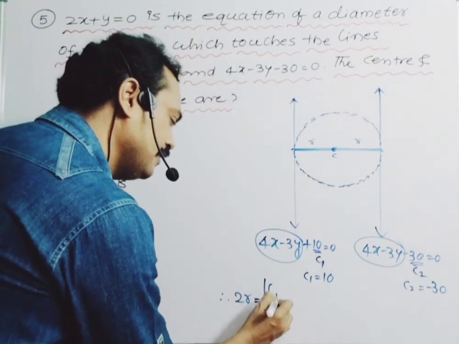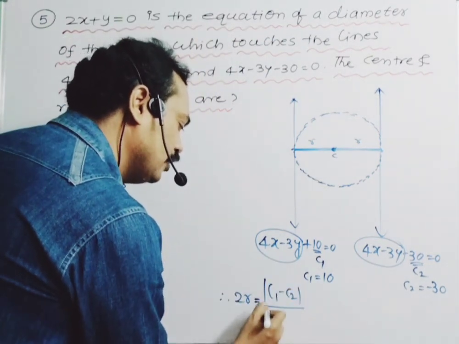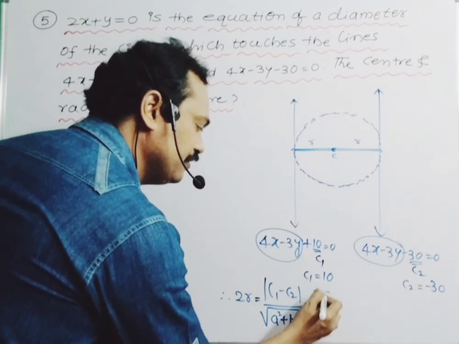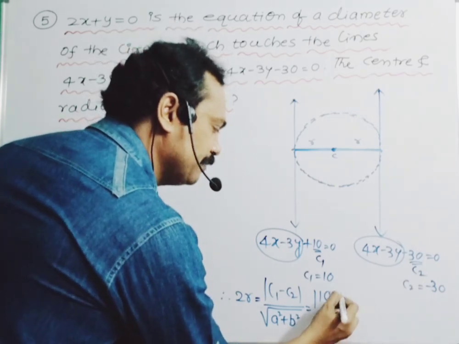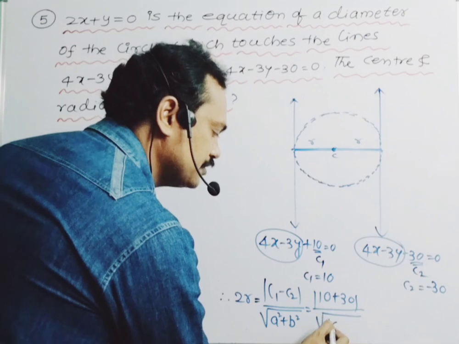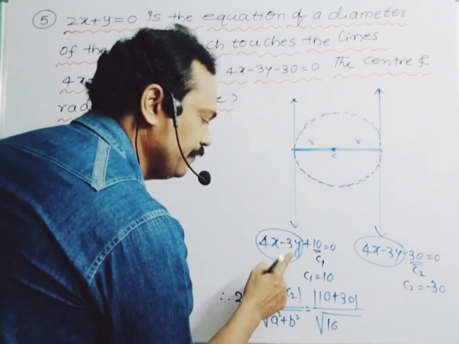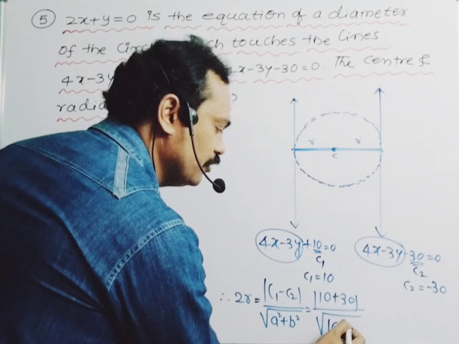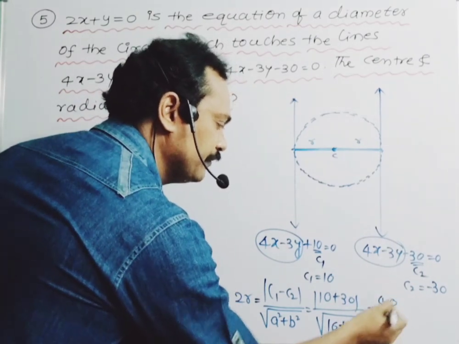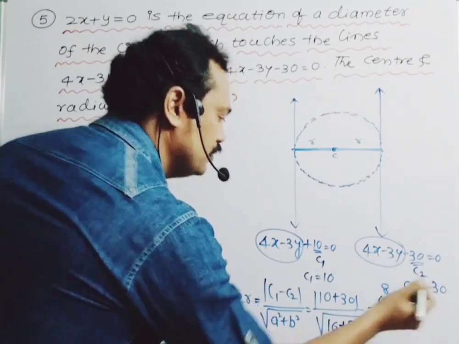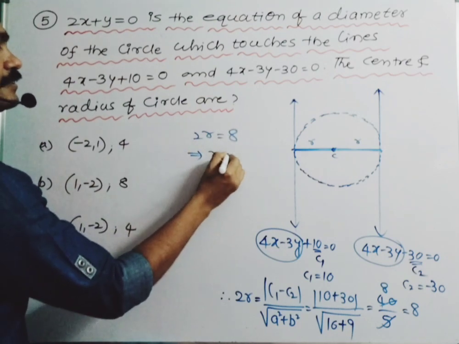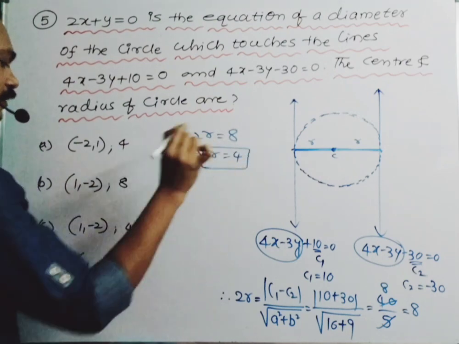What is the formula? c1 minus c2 by root over x coefficient square plus y coefficient square. c1 is 10 minus of minus 30, that is 40, by root over 4 square, which is 16, plus y coefficient minus 3 whole square, which is 9. 40 by 5 is 8. So the diameter is 8 units, then the radius is 4 units, right?